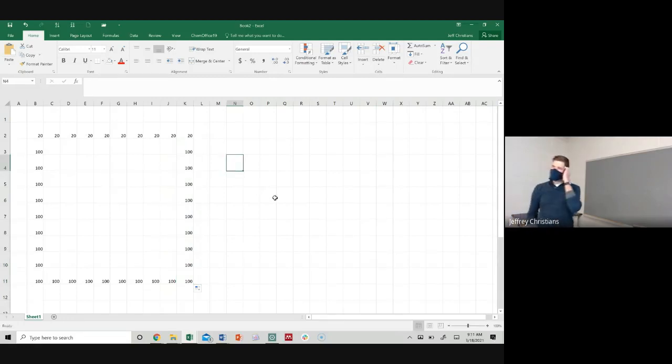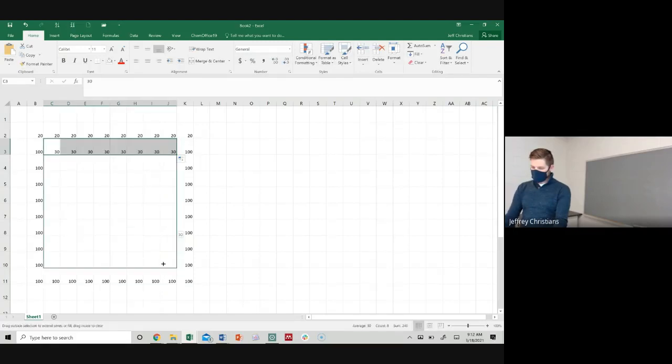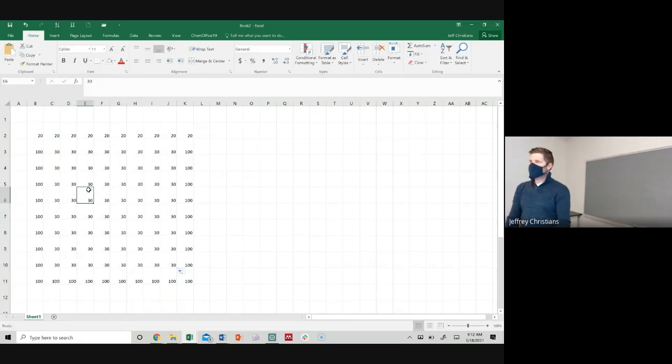So the hardest part about these problems is setting up boundary conditions. Now we have to give it an initial guess. So I don't know, let's call our initial guess 30, because it's somewhere in the middle, and we'll just say it's 30 everywhere. Okay, so we have to give it some initial guess.